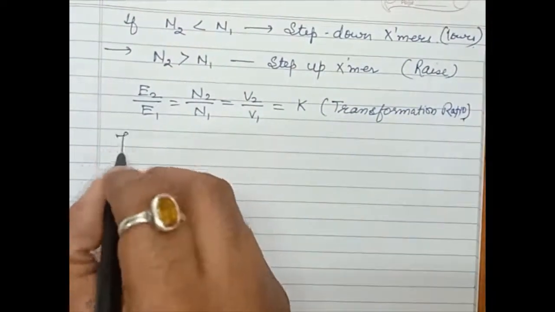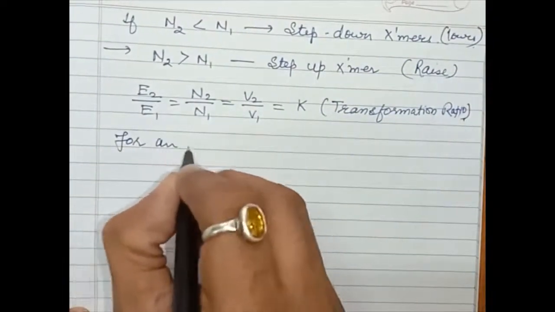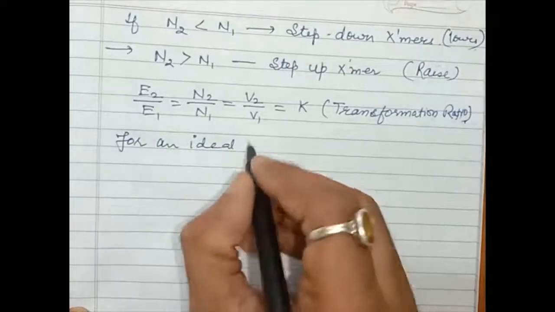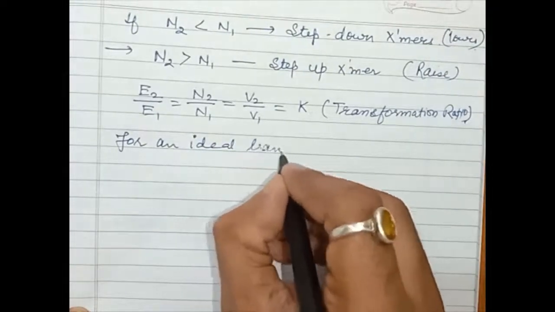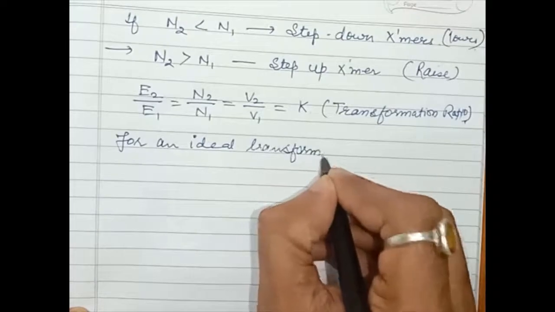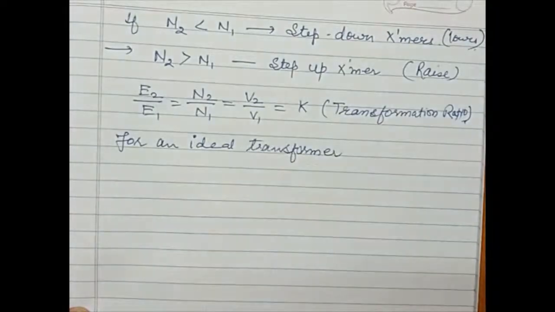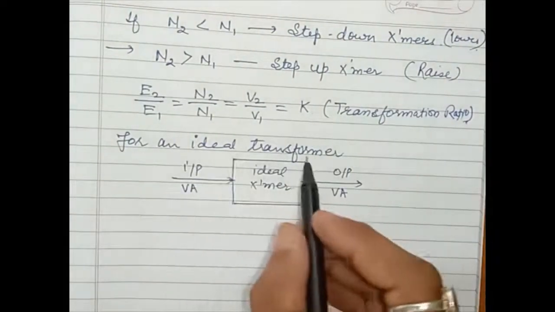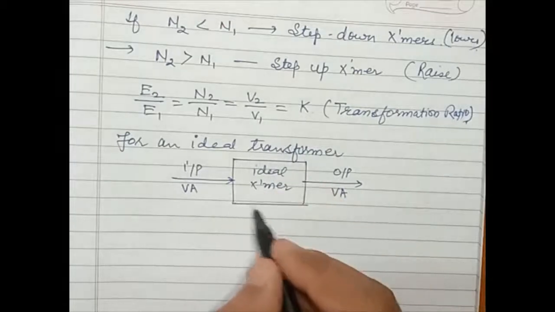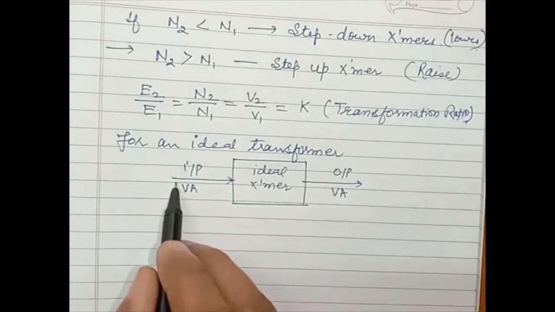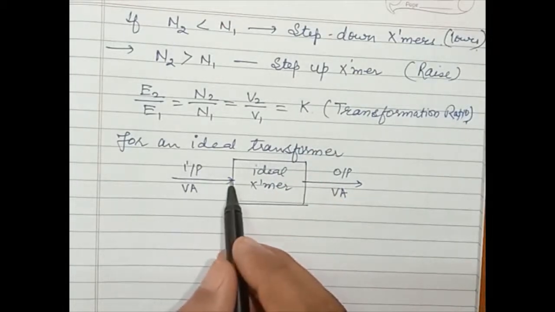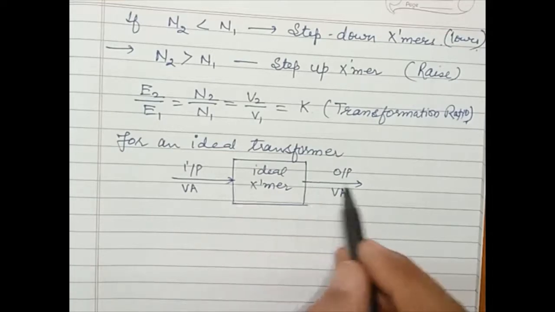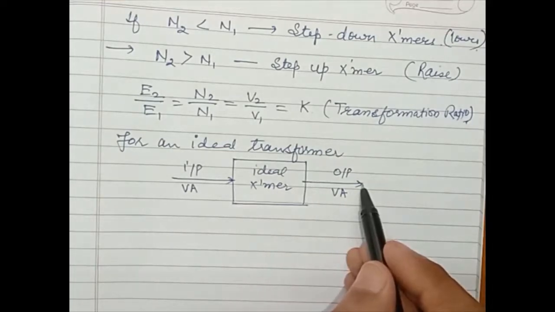Suppose we are considering an ideal transformer. So what will happen? In an ideal transformer, whatever input VA or input power there is, we get the same as output power. There are no losses.